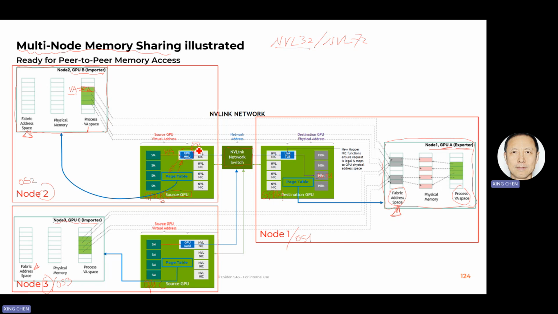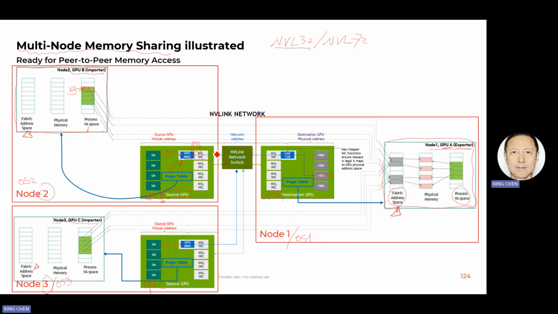In the case that's a fabric address, I have to ask the network to help me. So this GPU is going to send the request. The request is to get data from this fabric address. The request will be sent into the network.